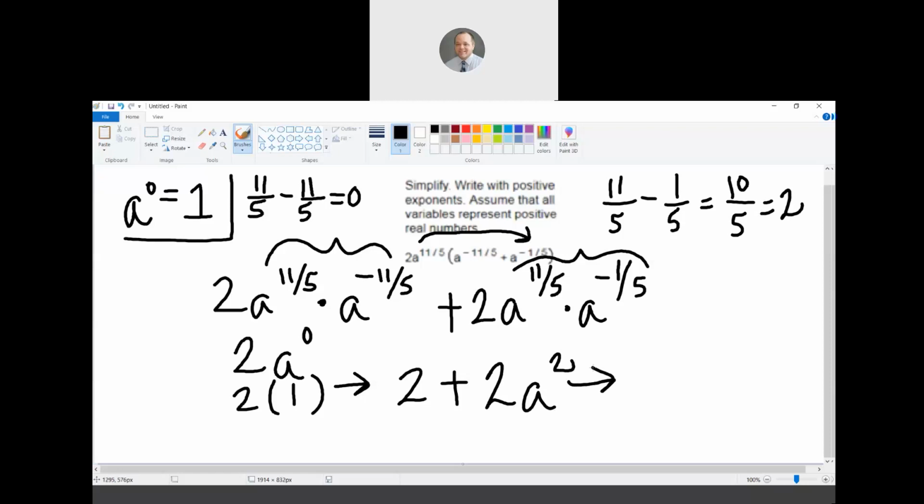I don't remember if my math lab wants you to factor your answer, but just in case, we can take out a GCF of 2 out of both terms. So when we take out a GCF of 2 out of both terms, we're left with 1 plus a squared in parentheses.